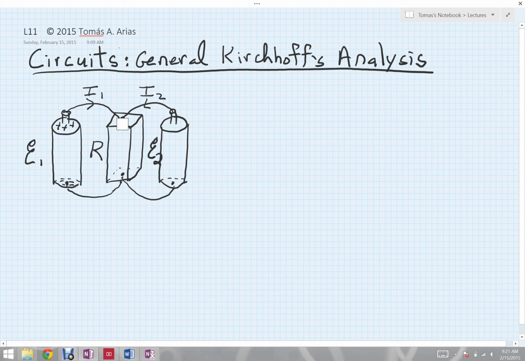I'll represent this realistic battery as a lumped circuit element, and what I will use to represent it will be an ideal EMF, which is what these symbols here always indicate with the two parallel lines. But that ideal EMF is going to be in series with a little resistance representing what's going on inside of the battery.